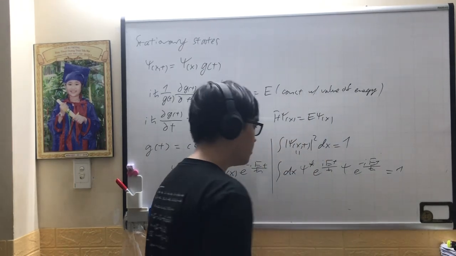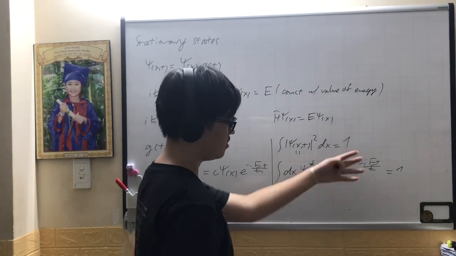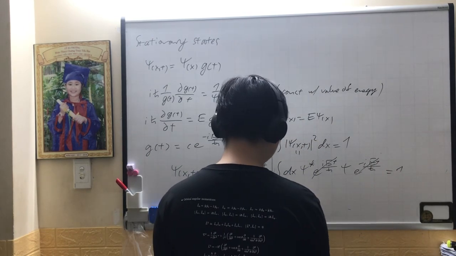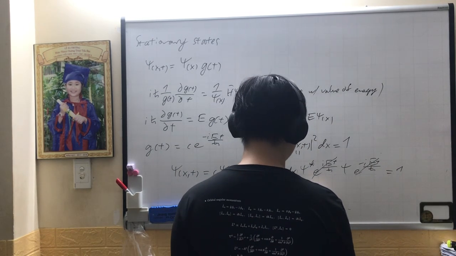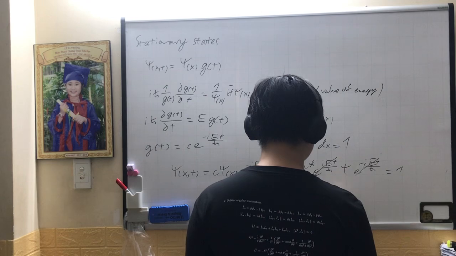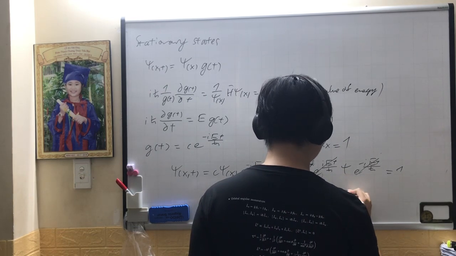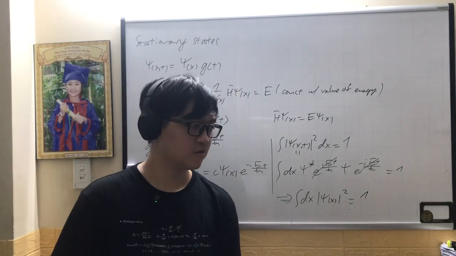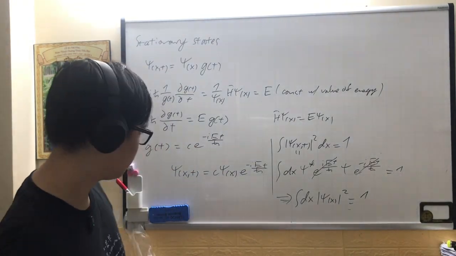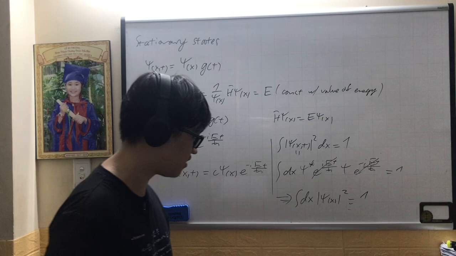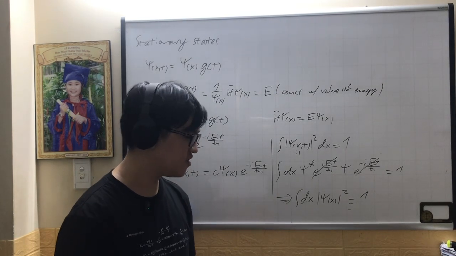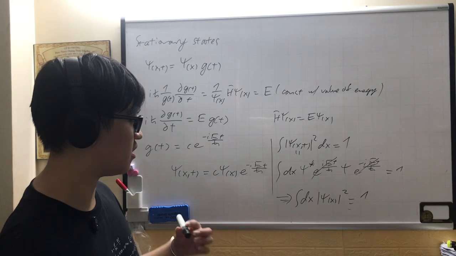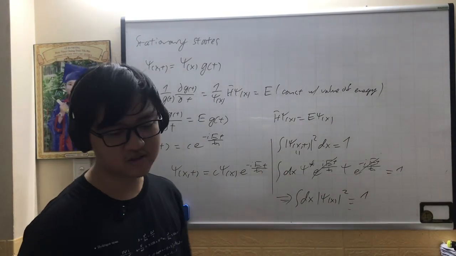As you can see, these two would cancel each other out, so those are gone. What you would get ultimately is that only the x part of psi is important for the normalization here. So when you want your psi of x and t to be normalized, you only need your space part to be normalized, since the time part would just cancel each other out.